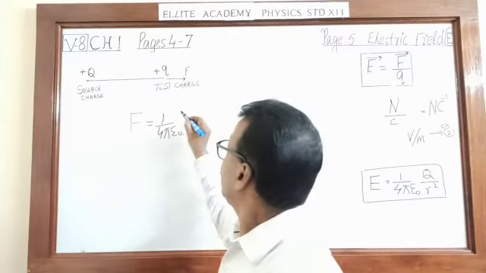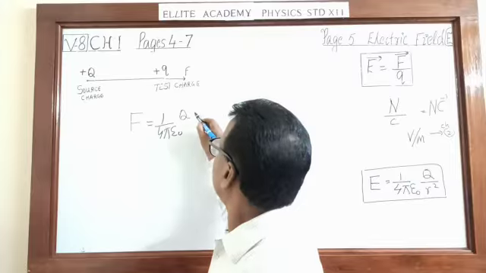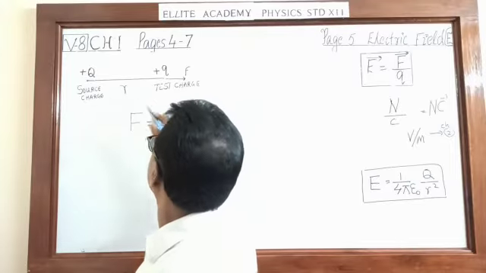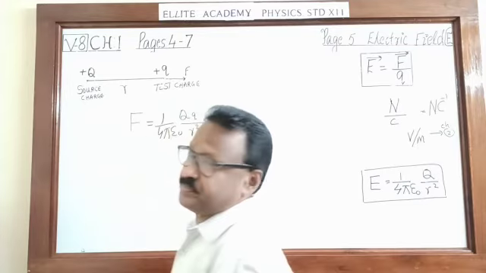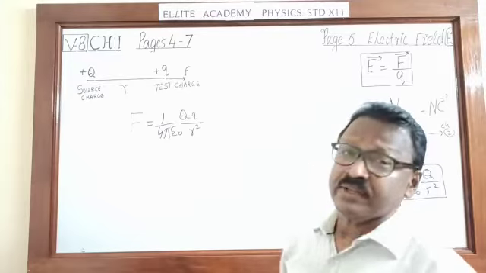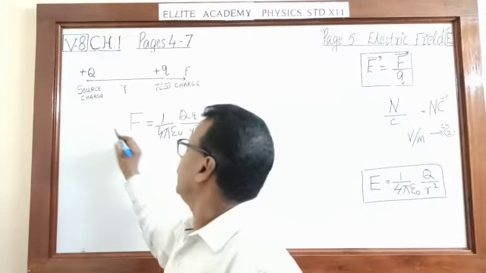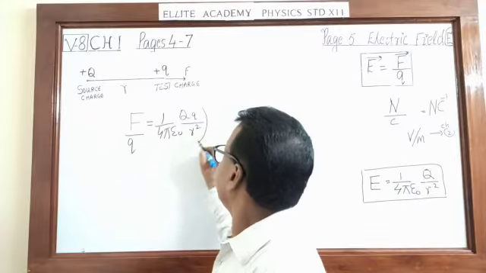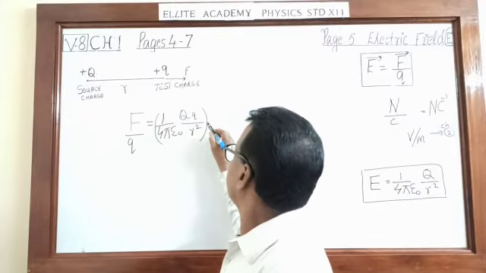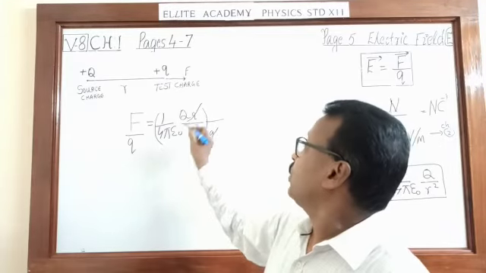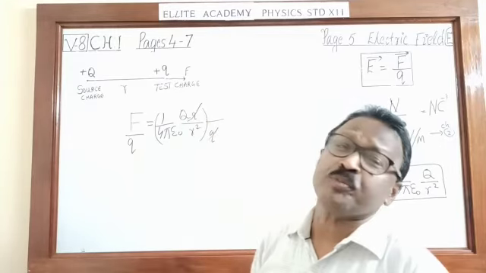Q1 means capital Q, Q2 means small q, upon the distance between the two, let us say small r, upon r square. So this is the force, but what is electric field? F divided by q. So I divide the whole thing by q. So no doubt q and q cancel.